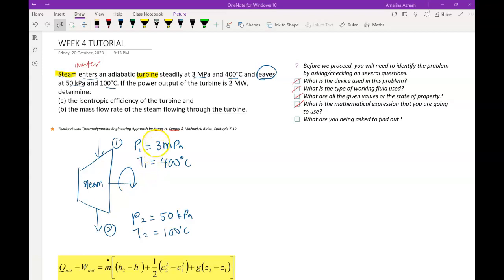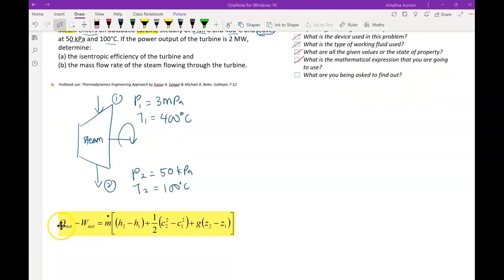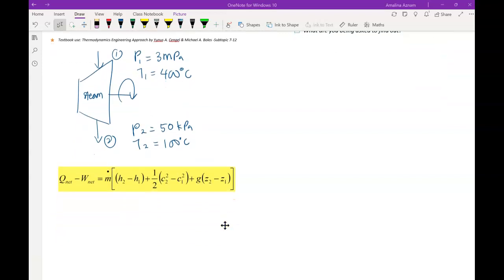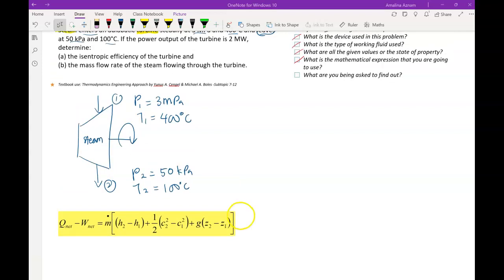So you will see the pressure drop. P1 is 3 megapascal and your P2 becomes 50 kilopascal, and it will also affect your temperature, which drops from 400 to 100 degrees C, right? So next, you are going to list the steady flow energy equation, and I'm going to show you how to cancel out unnecessary terms.